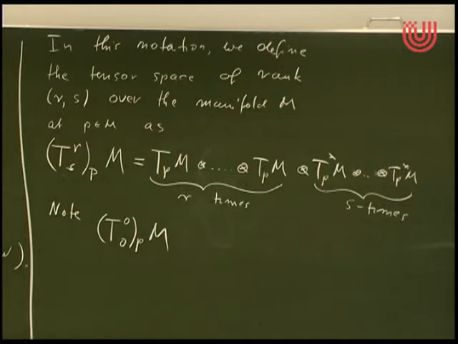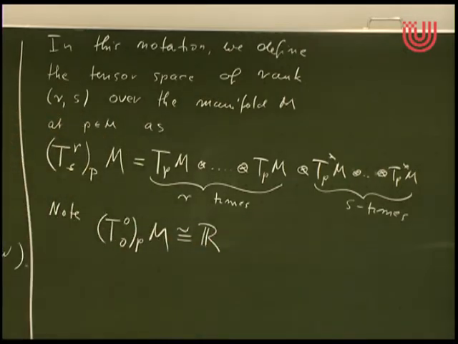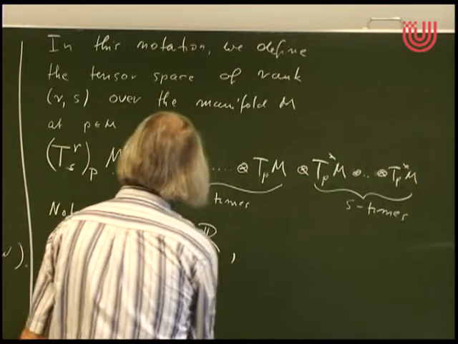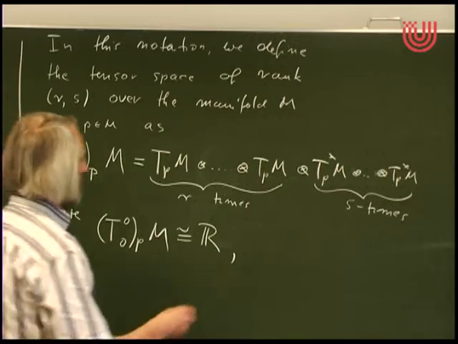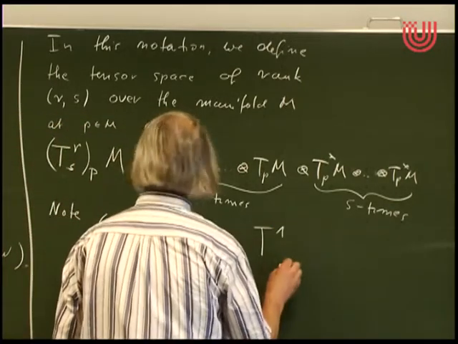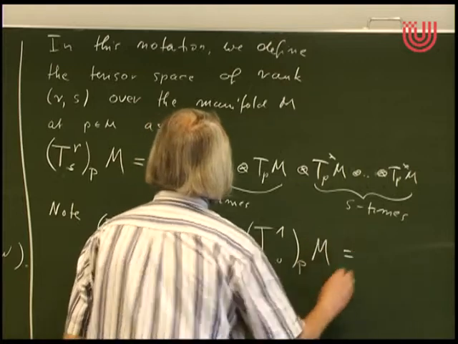These are maps which go into R, and the usual convention is that I then identify it with the image space. So I identify this just with the real numbers. You could say this is a convention, that I just want to include the case that I have two zeros here, and then I say it's just R. But what is this here? That's not a convention, it's clear what it is.